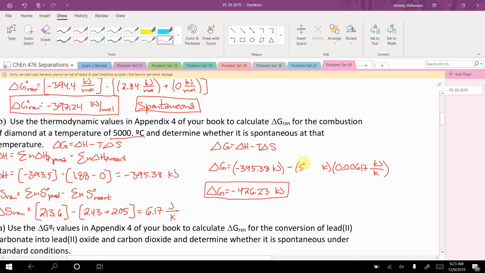So this needs to be 5,000 plus 273. So let me do that one more time. It didn't change my answer very much. Negative 427.91 kilojoules. So is that spontaneous? Yes, because it's negative. So that's spontaneous.